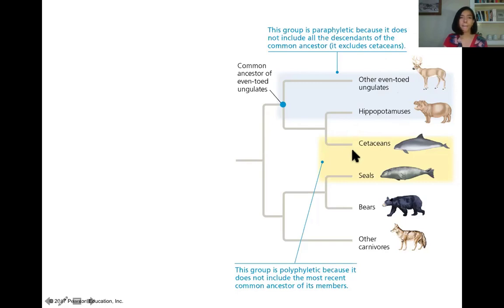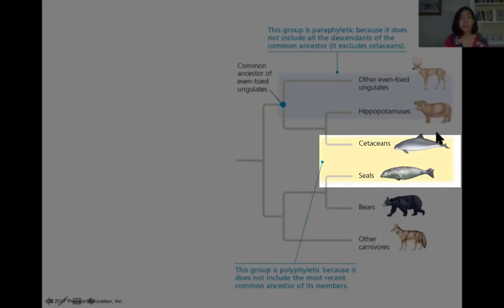Another mistake that we can make is that we could look at convergent evolution and conclude that we have a group that is actually an artificial group. In this case, we have cetaceans and seals, and we can call them marine mammals.